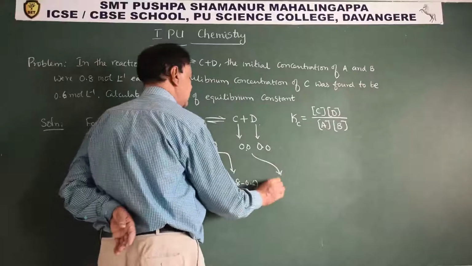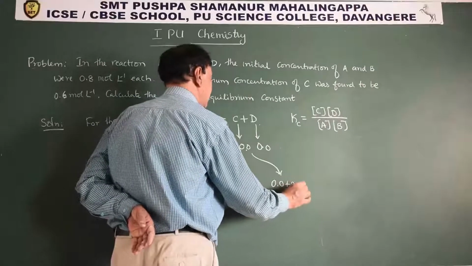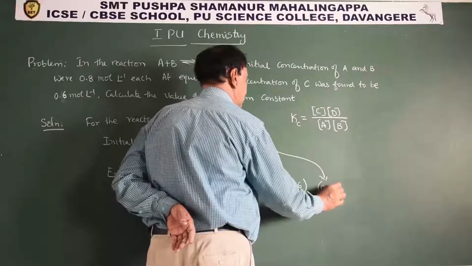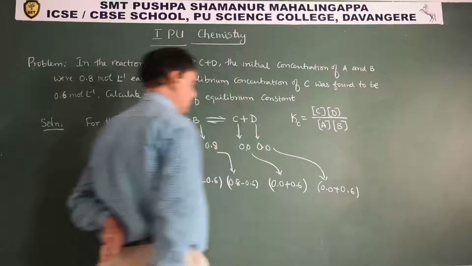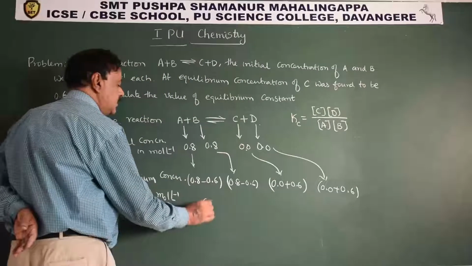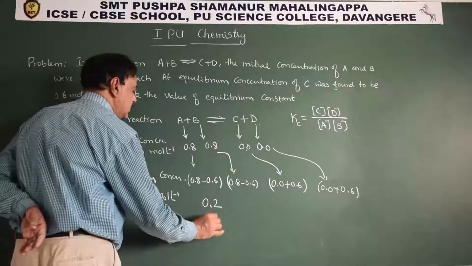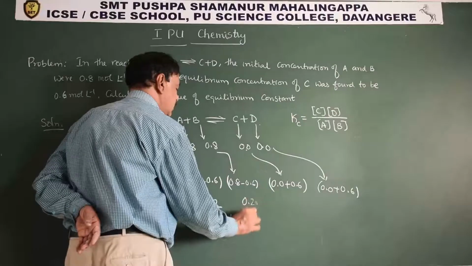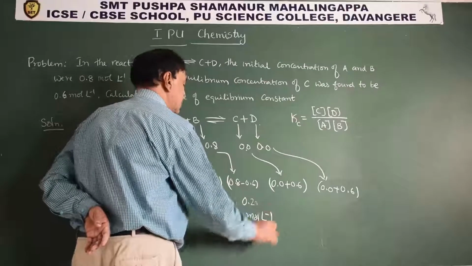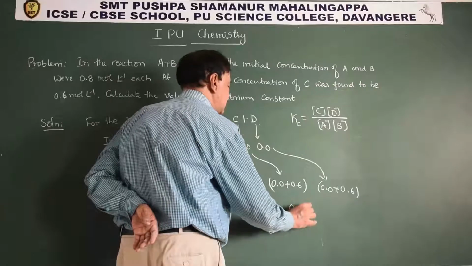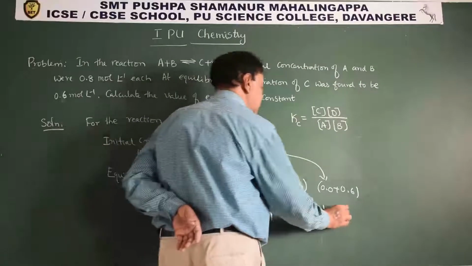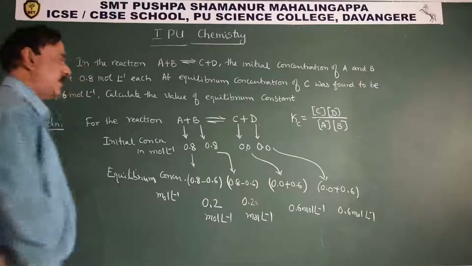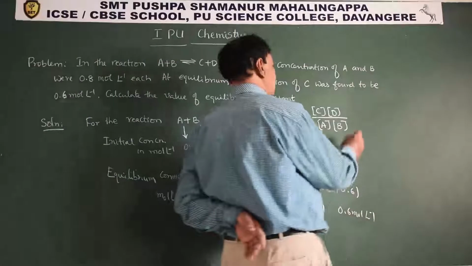C is initially 0.0 and 0.6 is formed, and D is also initially 0.0 and 0.6 is formed. Therefore A is 0.2 moles per liter, B is also 0.2 moles per liter, and C and D are 0.6 moles per liter each.